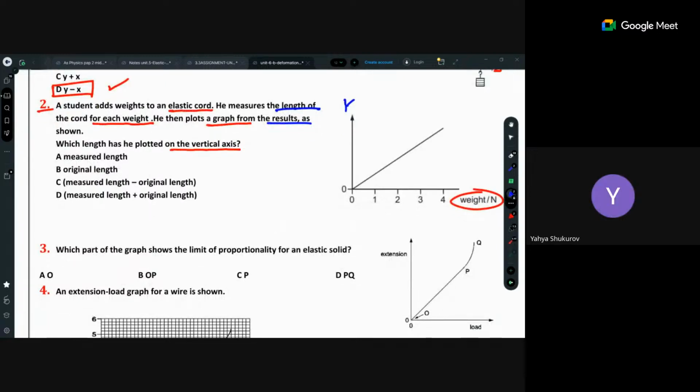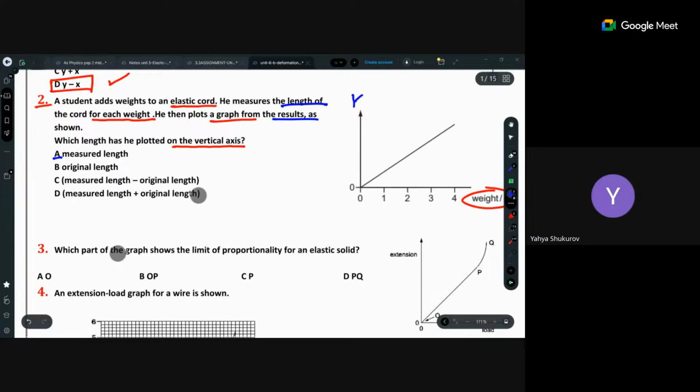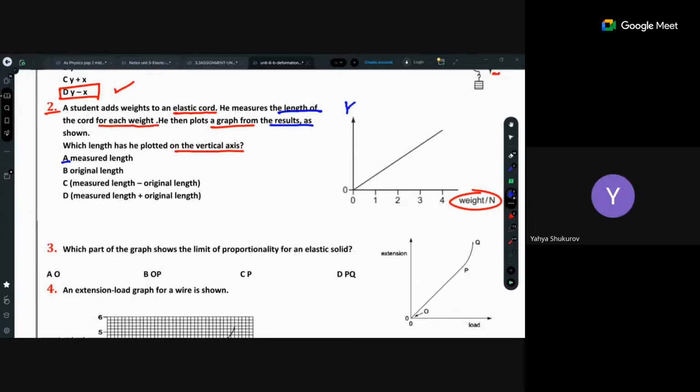Measured length. Option A? Yes. Measured minus origin. Okay, so you are going to lock option C? Yes, because it starts from the origin. Mirab, are you agreed? Yes, I think option C. Option C. And Hassan, what about you?